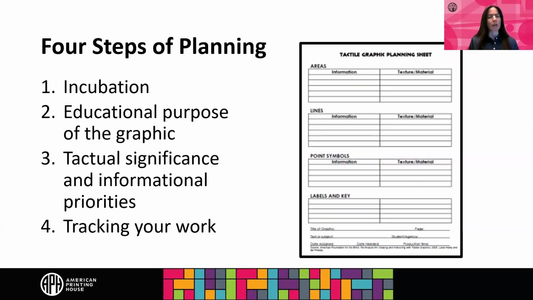There's areas and lines and point symbols and labels and keys, so the 4 elements of tactile graphics. And each of these sections has 2 columns where you can write some notes. On the left side, you can write the information in the print graphic that you definitely want to include in your tactile graphic. And then on the right, you can write the textures and the materials that you want to include that will make sense for that information.